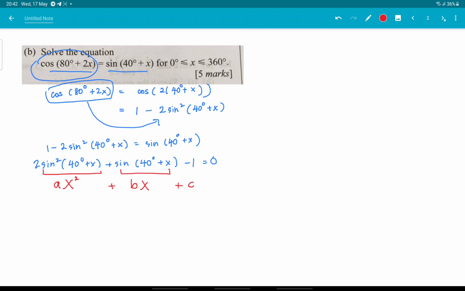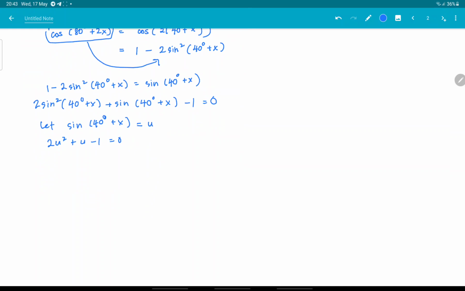To solve this kind of equation, we can let sine (40 degrees plus x) be u, or whatever variable you want to use. So it will be 2u squared plus u minus 1 equals 0.